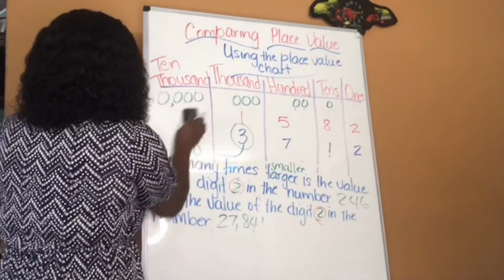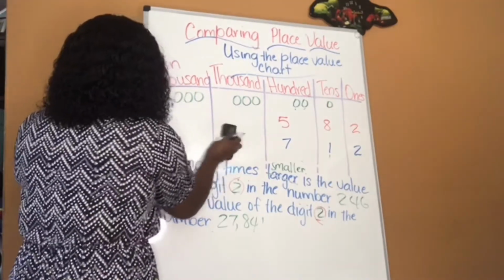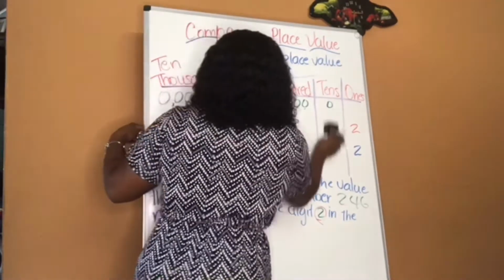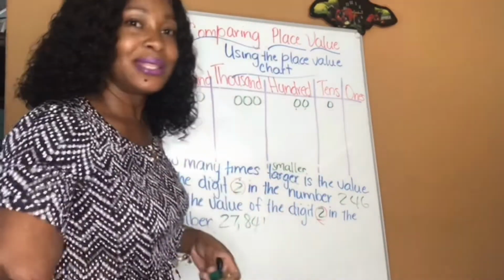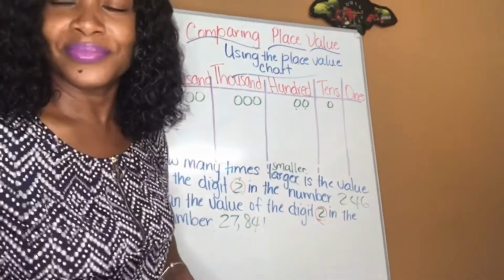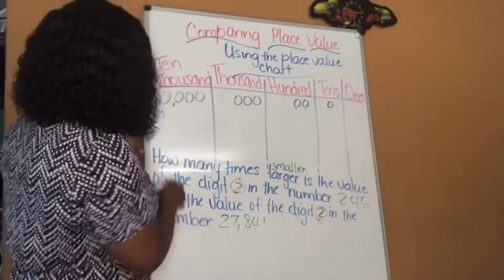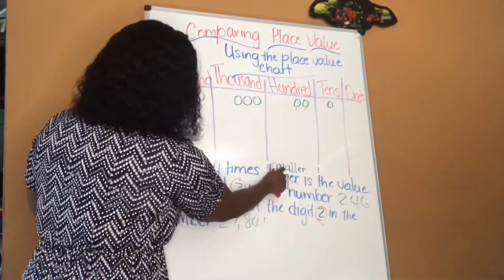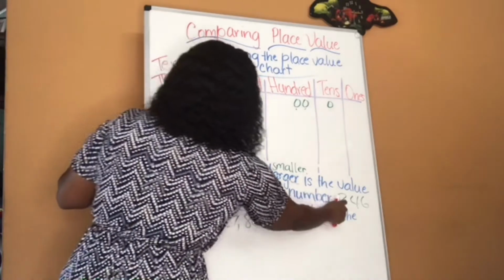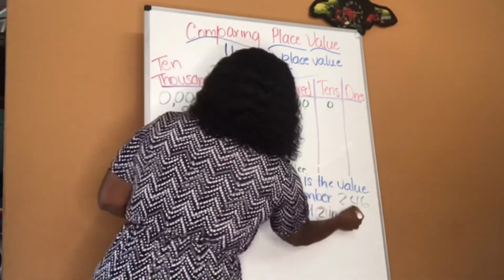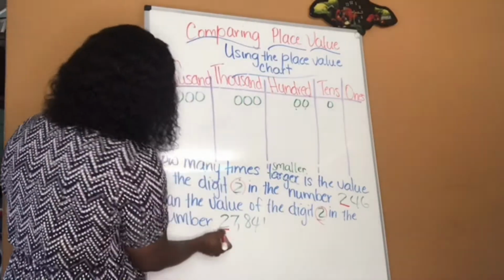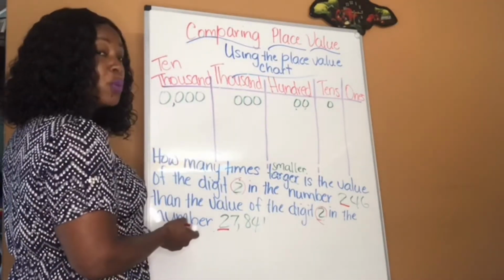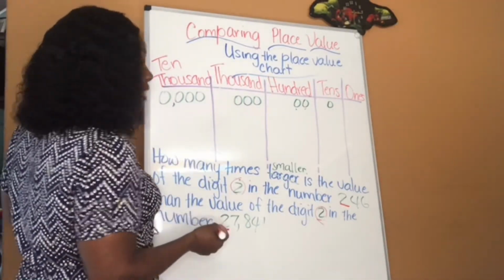Let me erase these quickly. I promised you it was going to take 10 minutes. I hope I've not gone over that 10 minutes yet. All right, so how many times smaller is the digit 2 in 246 than the value of the digit 2 in 27,841?